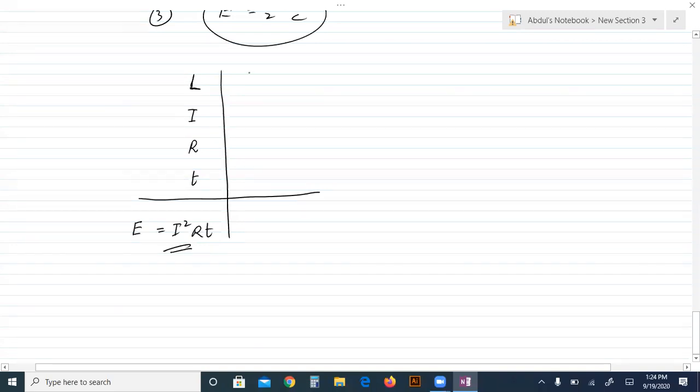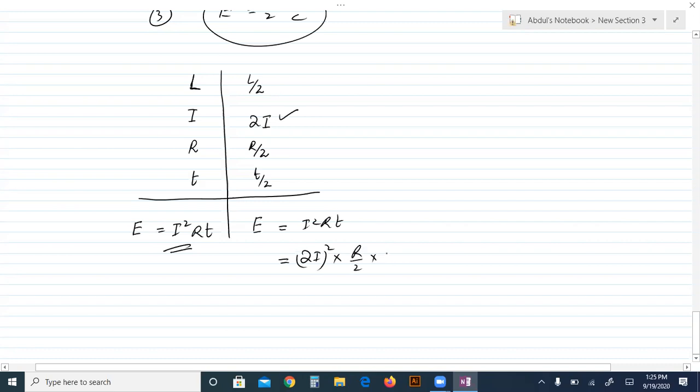Now, if we decrease the length by 2, it means the resistance also decreases. Same battery will send more current. So the capacitor will take less time to charge itself due to the double current. Then how much energy is lost? It is I square RT, but the new value of the current is 2I, new resistance is R by 2, and the new time will be T by 2.